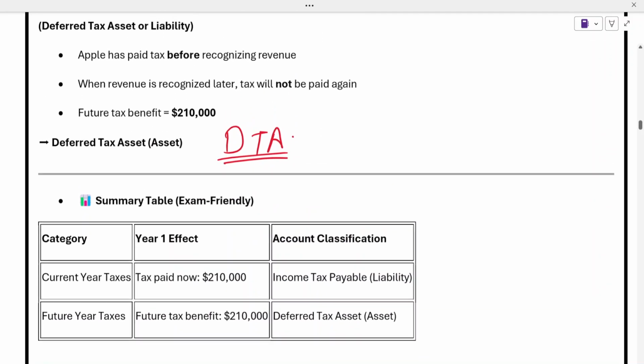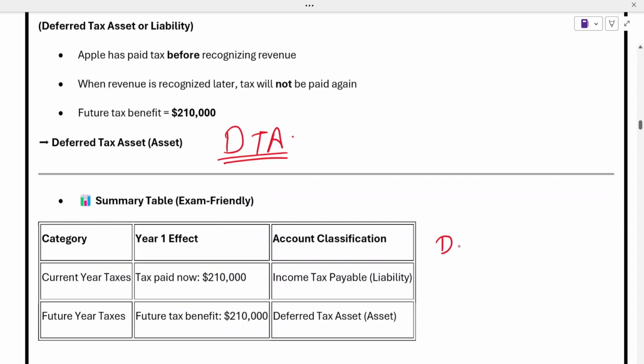Now let's see the summary table, wherein it simply says that current year taxes you have paid now are $210,000, so you will have an income tax liability. You will be paying $210,000 to income tax, but at the same time in future you will be getting a benefit of $210,000. So you will say this is my deferred tax asset. And how will you create the accounting entry for that?